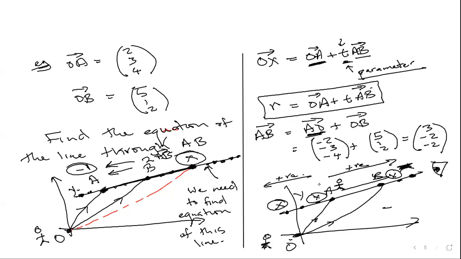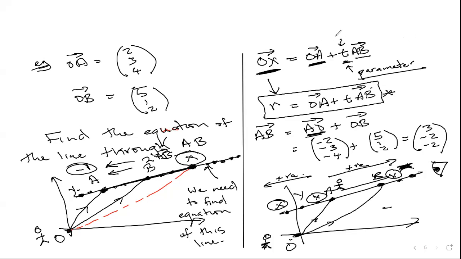That is what we're trying to capture with this equation. You go from O to the point X, which we call R. You go from O to A, and then travel along the line AB, and you must end up on the point X.